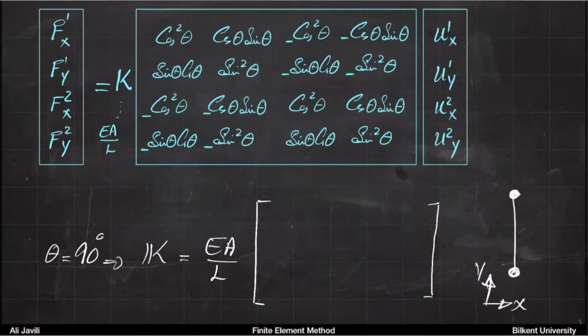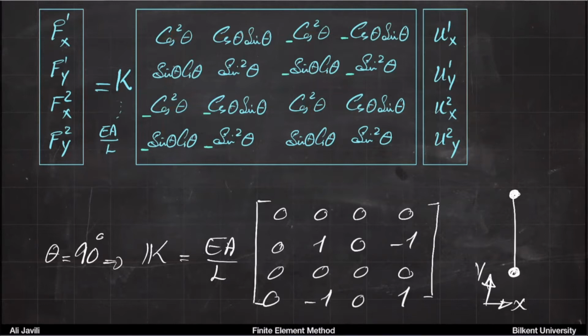So for theta 90, all the cosine components go to 0. So all these go to 0, these go to 0. And then again, you get this 1, minus 1, minus 1, and 1. So 0 0 0 0, 0 1 0 minus 1, 0 0 0 0, which kind of makes sense to you.